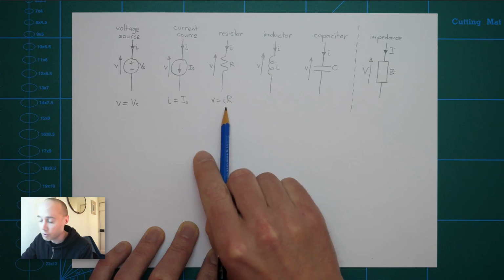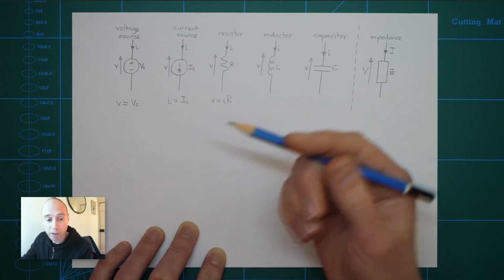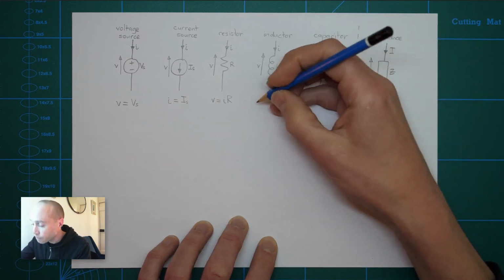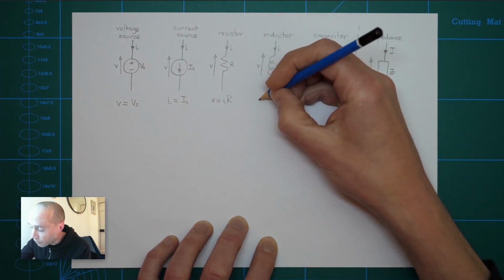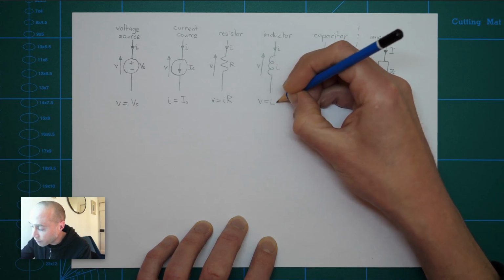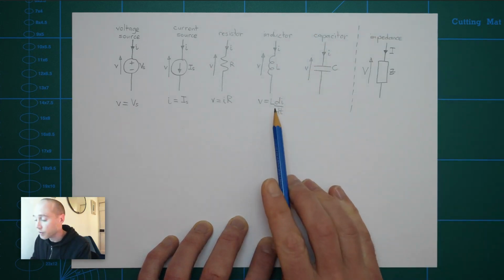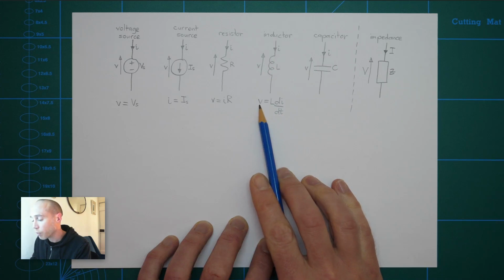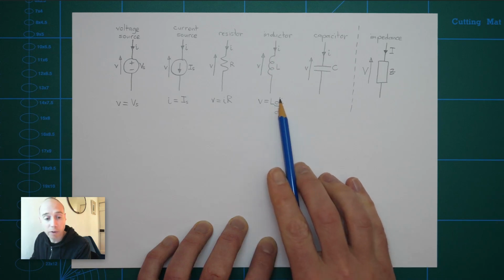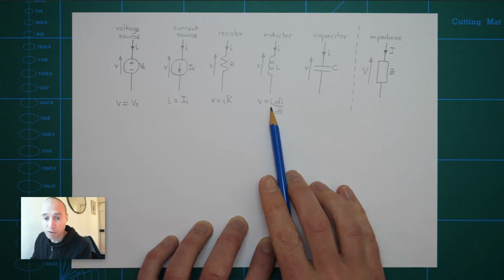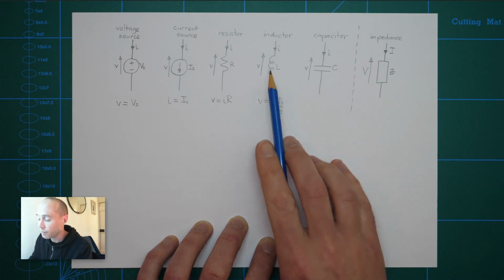They're proportional to each other, and the resistance R is the constant of proportionality. For an inductor, we have V is equal to L di by dt. What that tells us is that the voltage across the inductor is proportional to the rate of change of current flowing through the inductor, and the constant of proportionality is the inductance in henries, which is L.